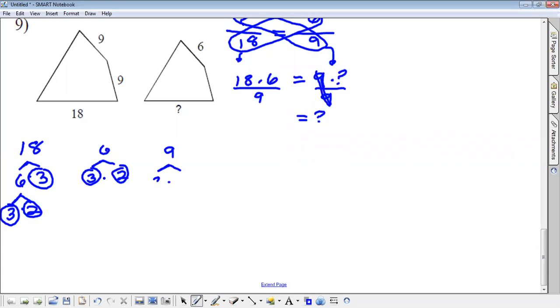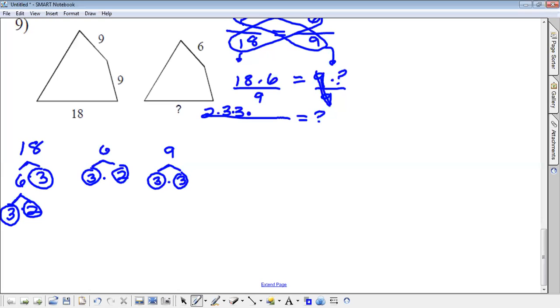That'll be 3 times 3, and those are prime. Now, what I'm going to do is right here, instead of 18, I put the factors of 18. That gave me 2 times 3 times 3.